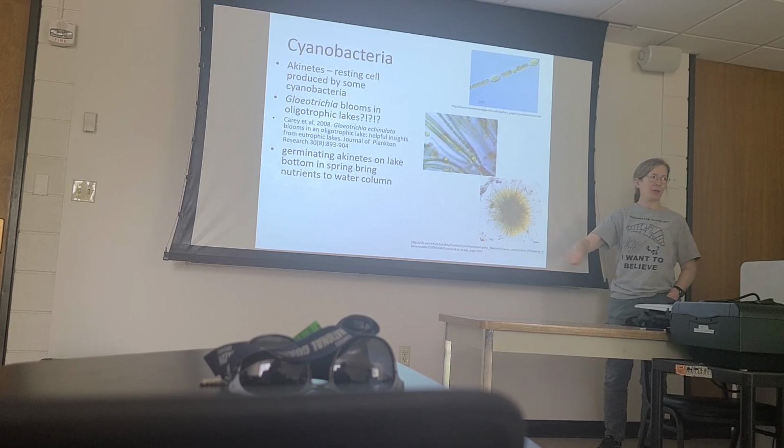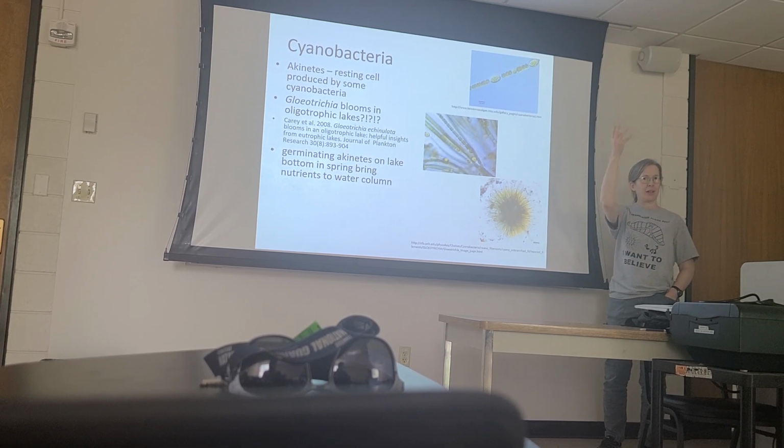And then in the spring, when turnover happened, that would bring those akinetes up into the water, and they were bringing a bunch of extra phosphorus with them, and then they could use that phosphorus.